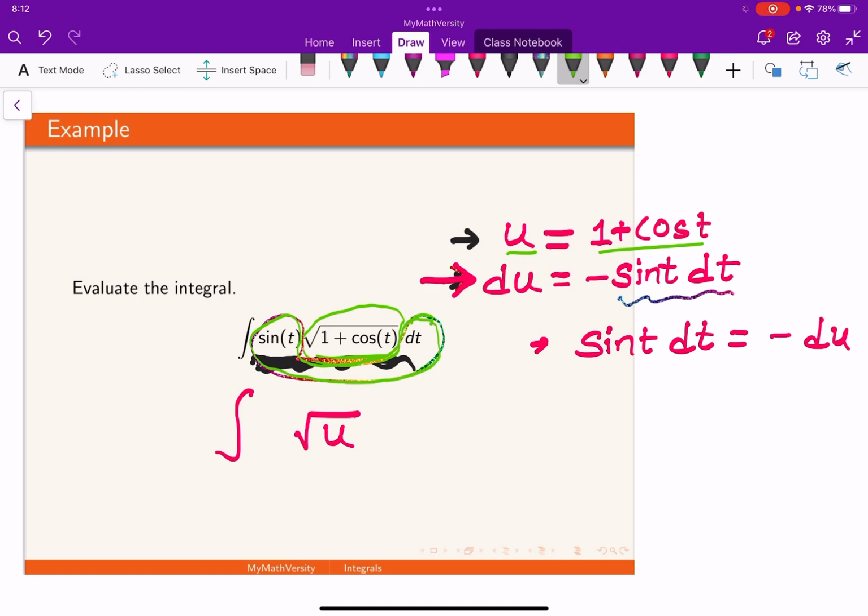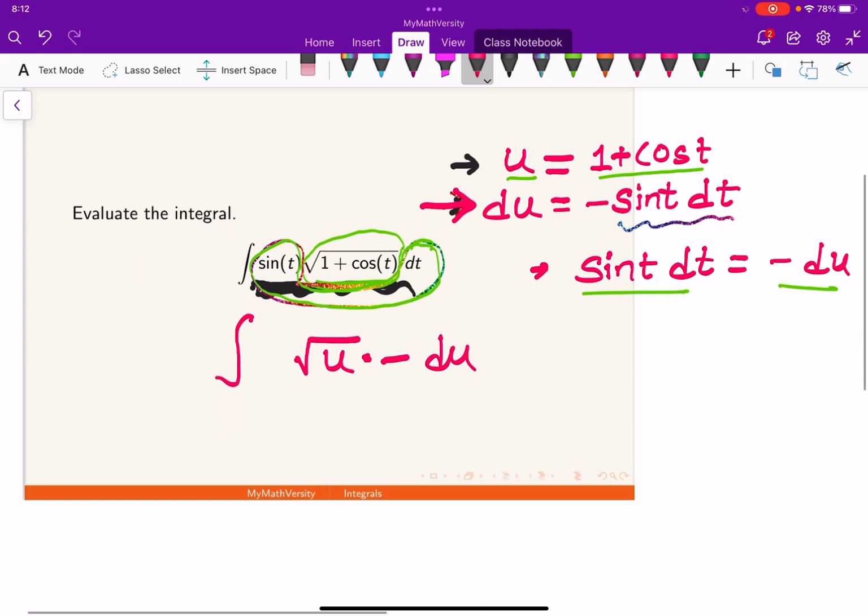We can just solve for that. Solving for sine t dt, it's just negative du, because we multiply by negative 1 on both sides of the equation. So instead of the sine t dt that is left over, we can write negative du, and since the negative is just a sign, we can take it out of the integral. What is left is just the square root of u, and our goal is to find the antiderivative of the square root of u.